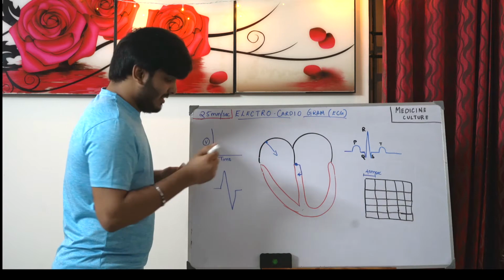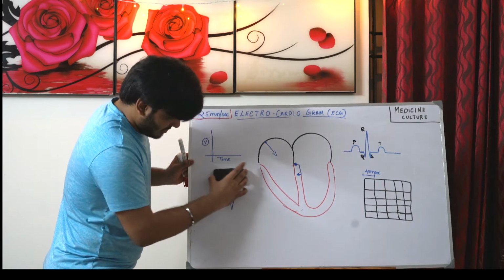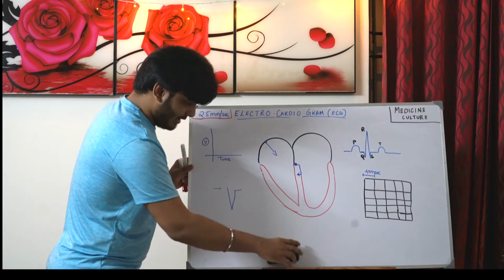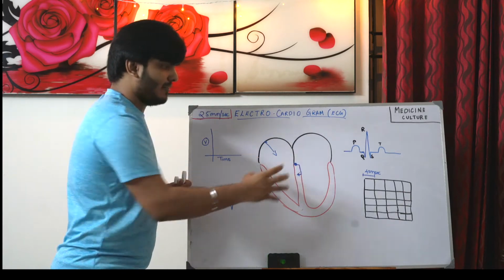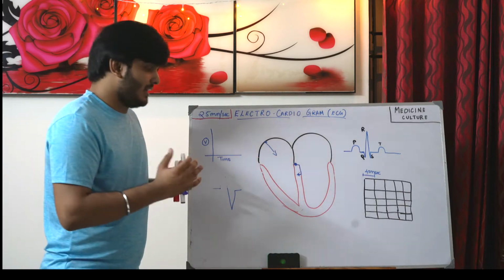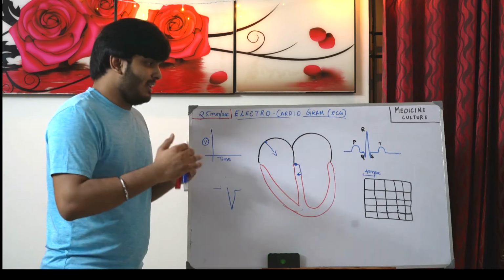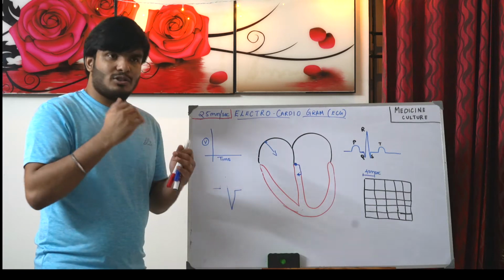So this is the reason why this positive deflection is cancelled. That's why we get a negative wave. Usually a Q wave would be a biphasic wave, but we can't see a positive deflection on ECG paper because during that time atrial repolarization happens. During that repolarization, the positive wave is cancelled.